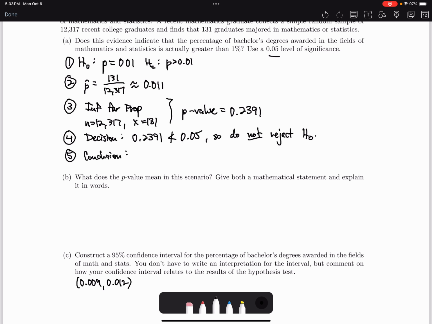Since we're not rejecting the null hypothesis, that means there's not evidence to support the alternative, right?